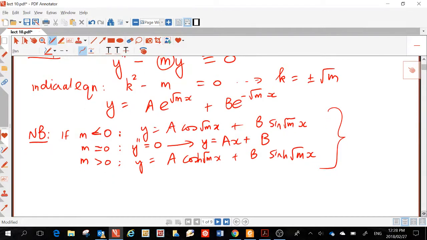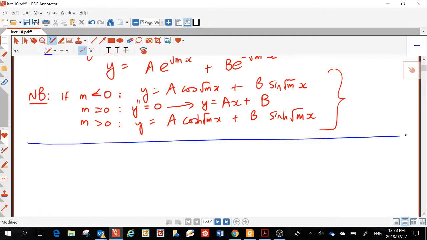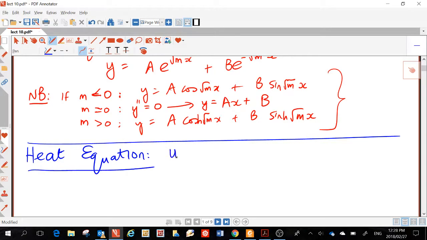We're going to now introduce a heat equation, and this kind of knowledge is going to be important for us to go forward. So let's start off with the heat equation. The heat equation in the shape u_t equals alpha u_xx, where u is a function of t and x, or x and t.